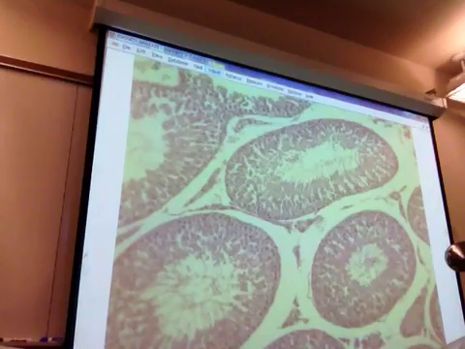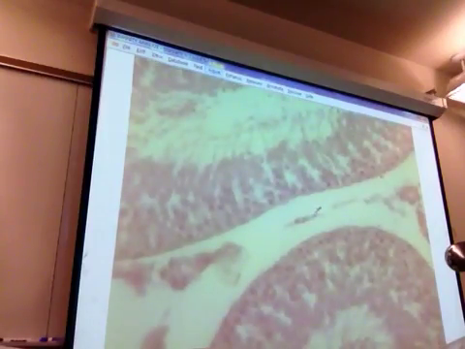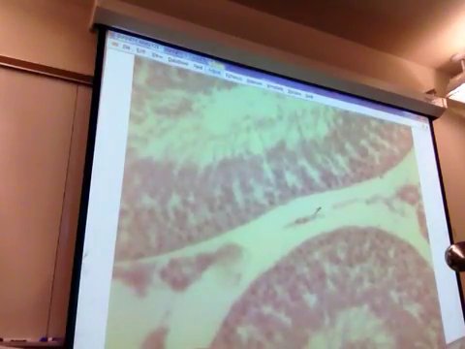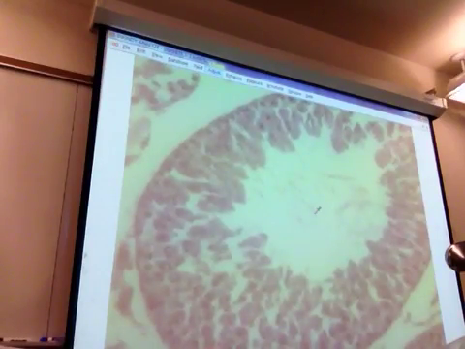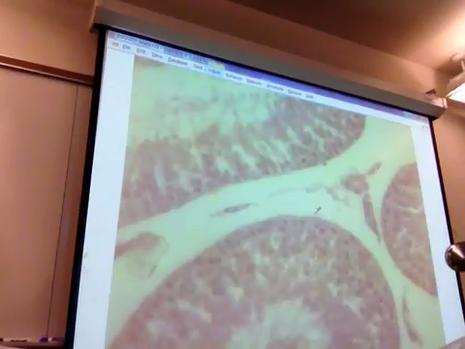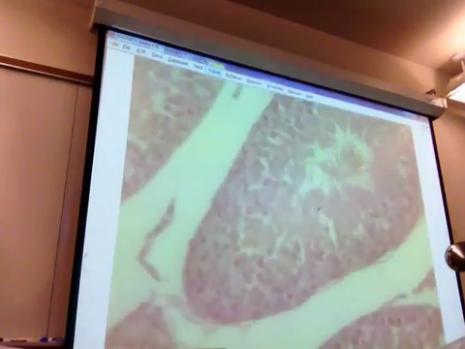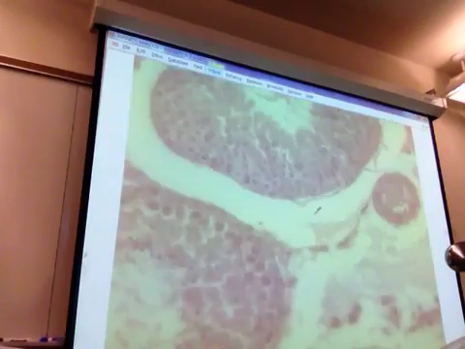So, let me go up to even higher magnification, actually. So several of you guys have been curious as to what a nurse cell looks like. All of them, really. Primary spermatid.